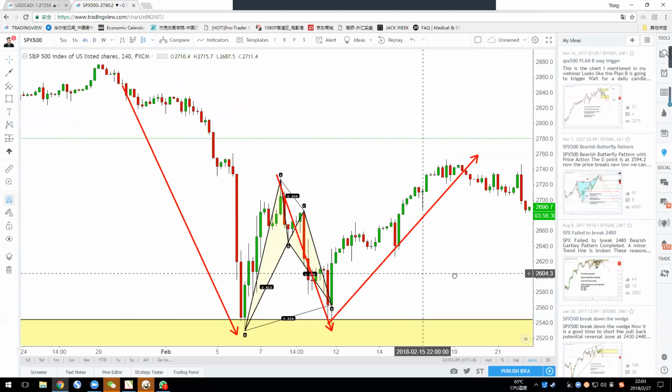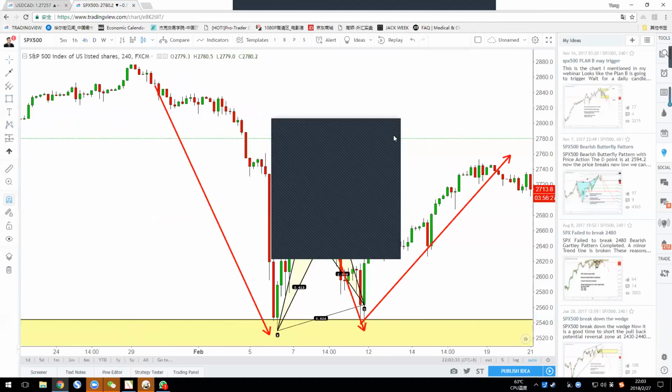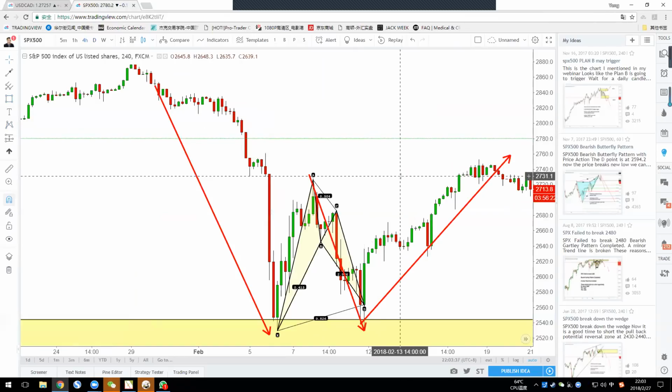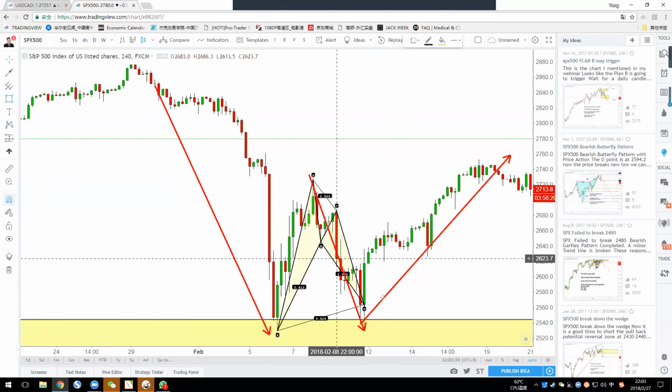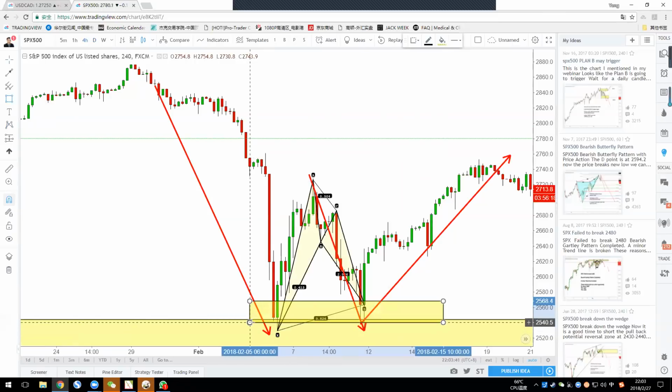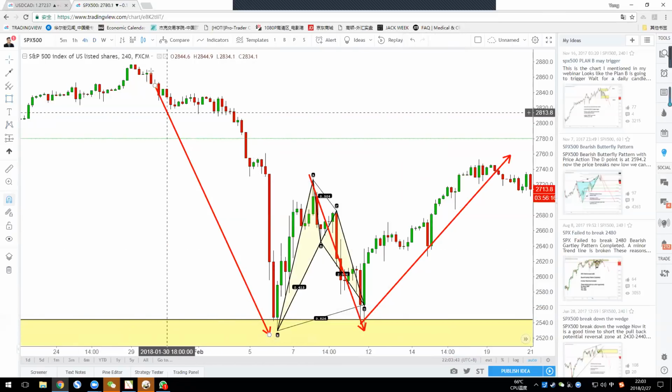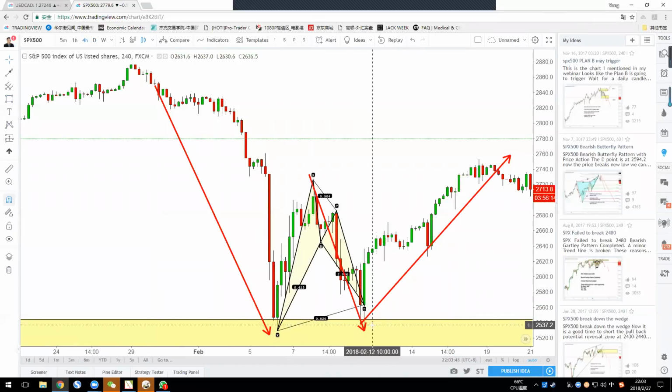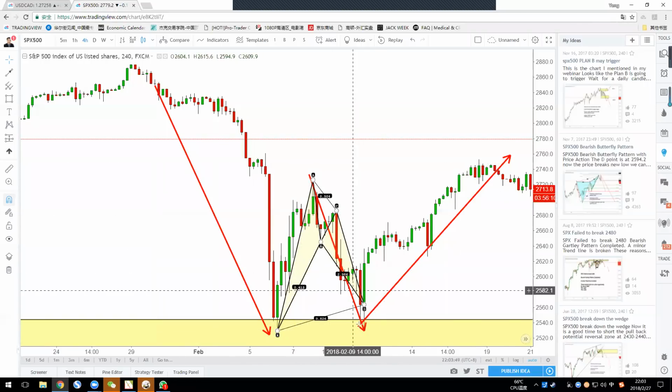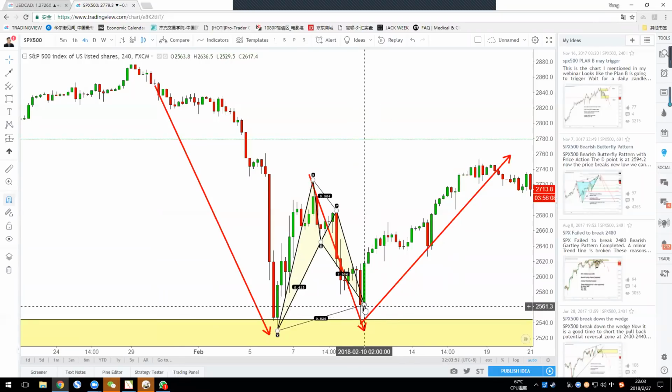Simple? Do you find the logic? Yes, you're right, another bat for bearish. You are right, but I want you to emphasize this: first try, very strong sell off. Second try cannot break a lower low and forms a bullish harmonic pattern. You should buy. Definitely should buy.